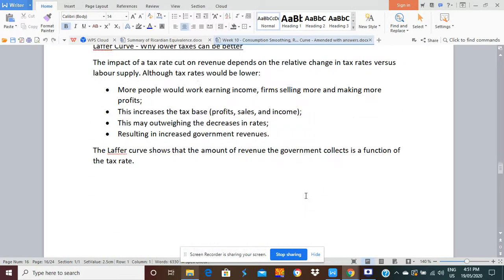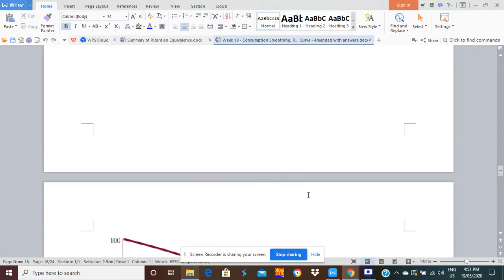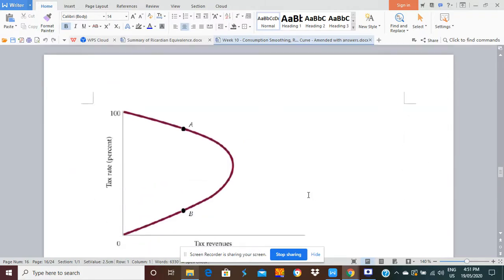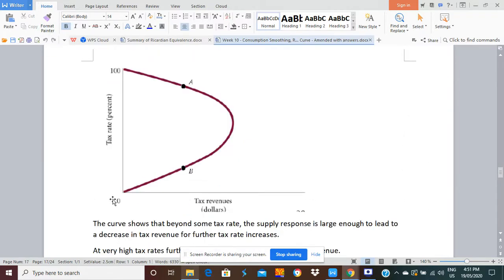So here, the Laffer curve has this shape. If the tax rate is low and then increases, more people are paying taxes up to some point.